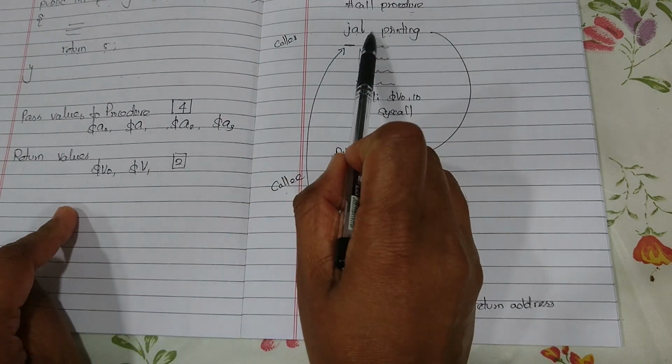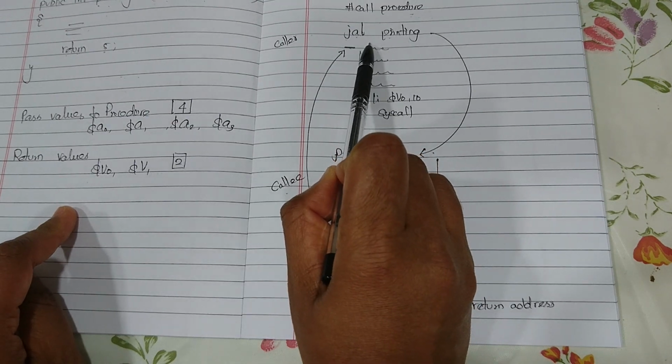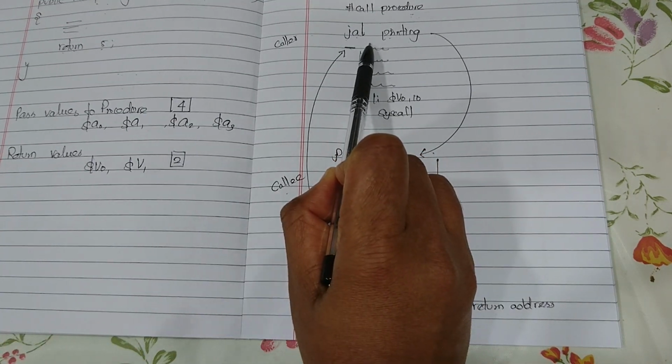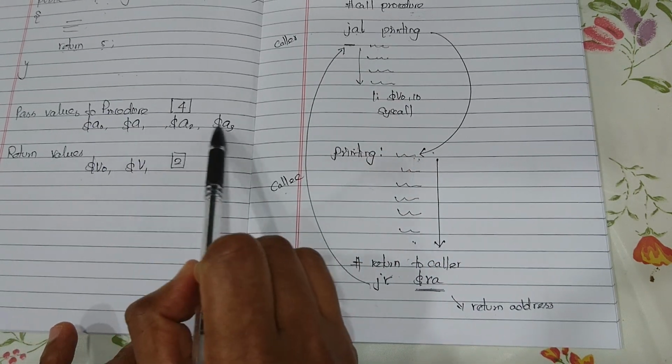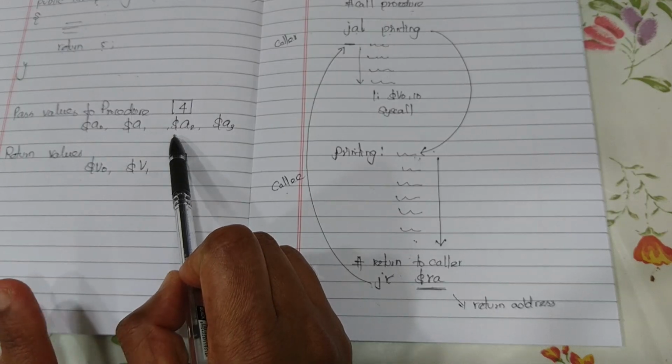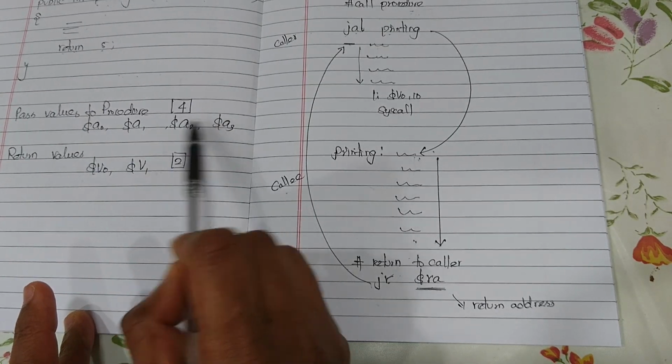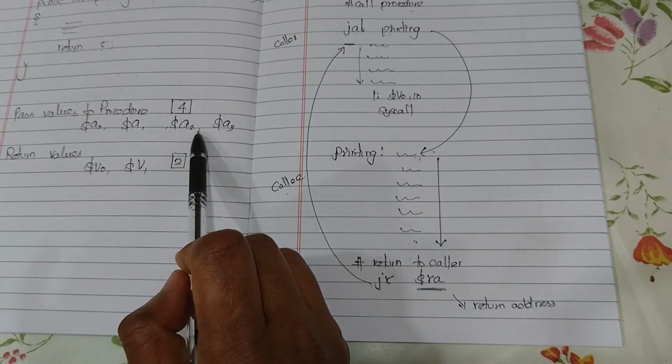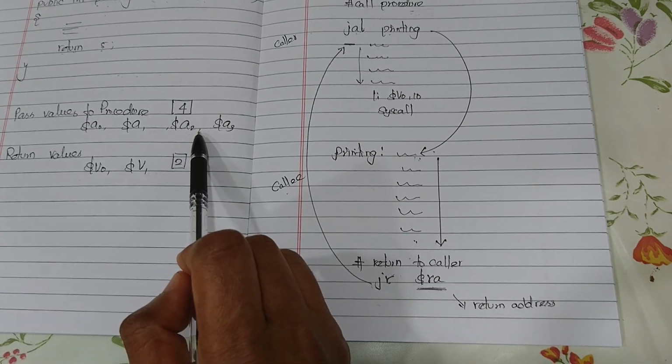Let's say I have to pass 2 numbers. Maybe you can choose 2 registers and load the values into those 2 registers.